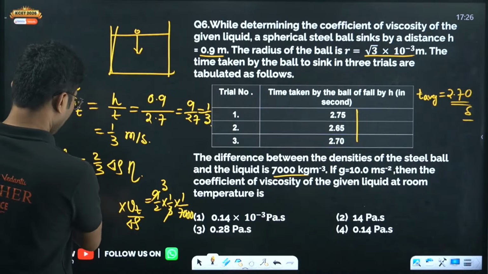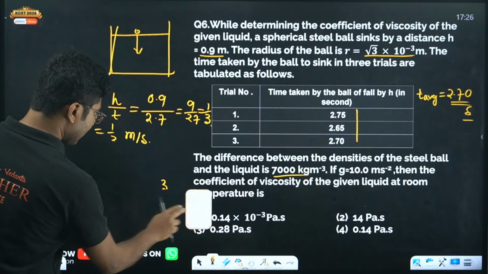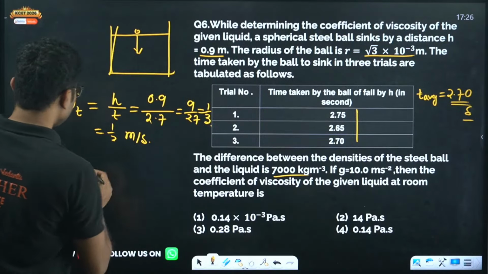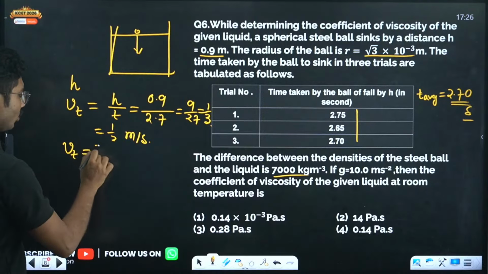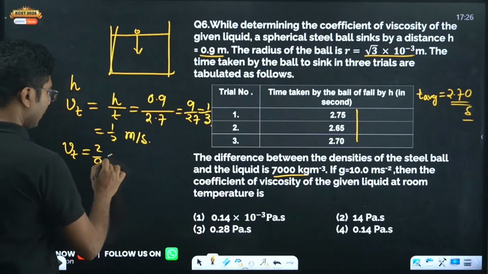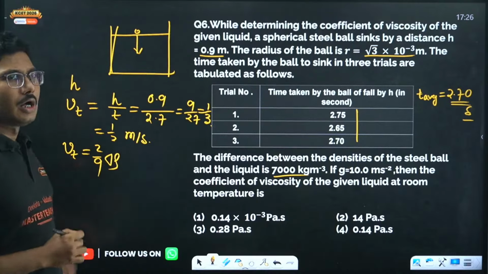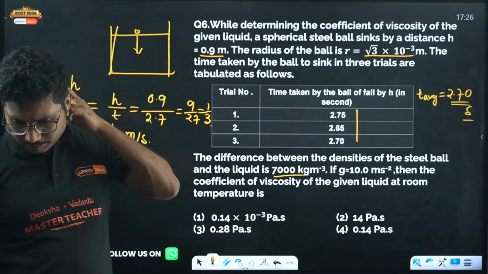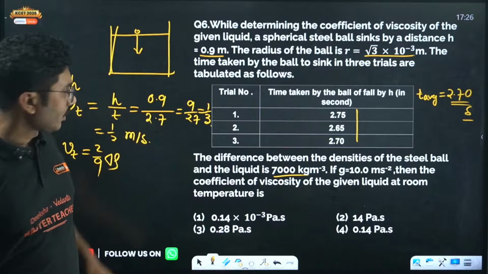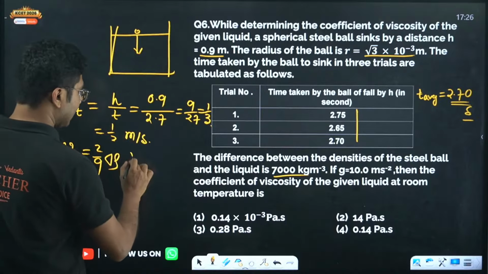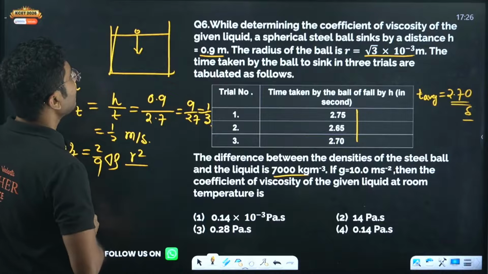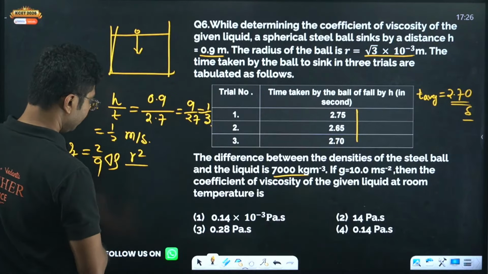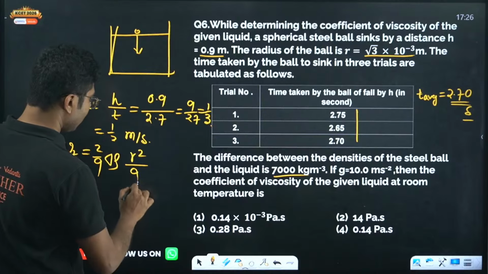Okay, so I was using the correct formula, but some values were incorrect. So terminal velocity will be 2 by 9 difference in rho, and then there is an R square here, and I think there is a g also.